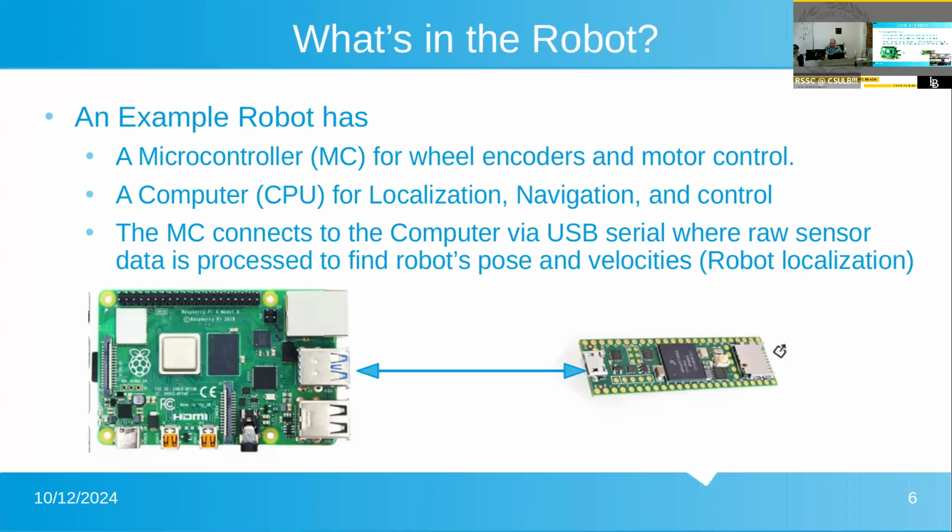So, what's in my robot, as far as electronics, we have a microcontroller and we have a CPU. The microcontroller is a Teensy, the CPU is a Raspberry Pi. The microcontroller is typically for wheel encoders and motor control. So this is the microcontroller on the right here, the Teensy.